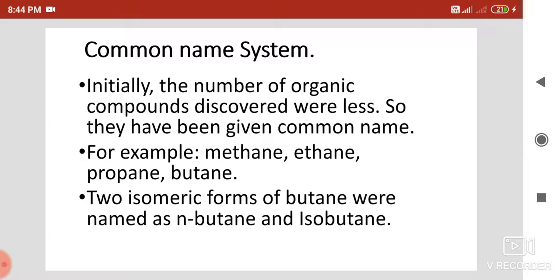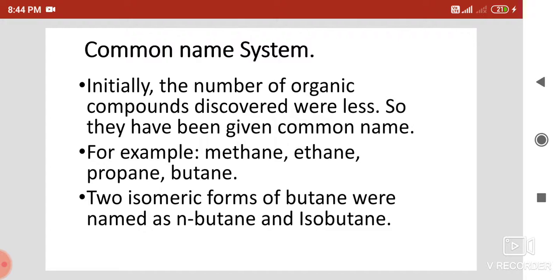Hello students, after studying the functional group and homologous series, today we are going to start with a very important topic, that is the naming of organic compounds, also called the nomenclature system of carbon compounds.